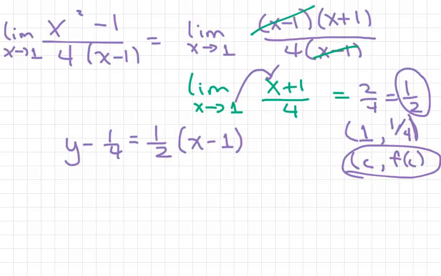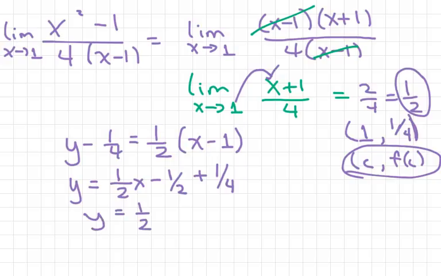If you want to rewrite it in slope-intercept form, we would move the 1/4 over, plus 1/4, and that would end up being y equals 1/2 x minus 1/4.